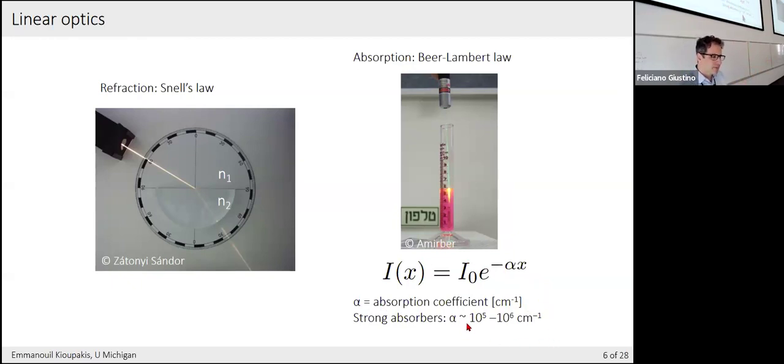If you have a strong absorber, you expect absorption coefficients on the order of 10 to the 5 to 10 to the 6 inverse centimeters, which corresponds to an absorption depth of about 10 to 100 nanometers, so just a few tens of atomic layers thick. All right, so our goal is to quantify the refractive index and the absorption coefficient starting from atomistic calculations.